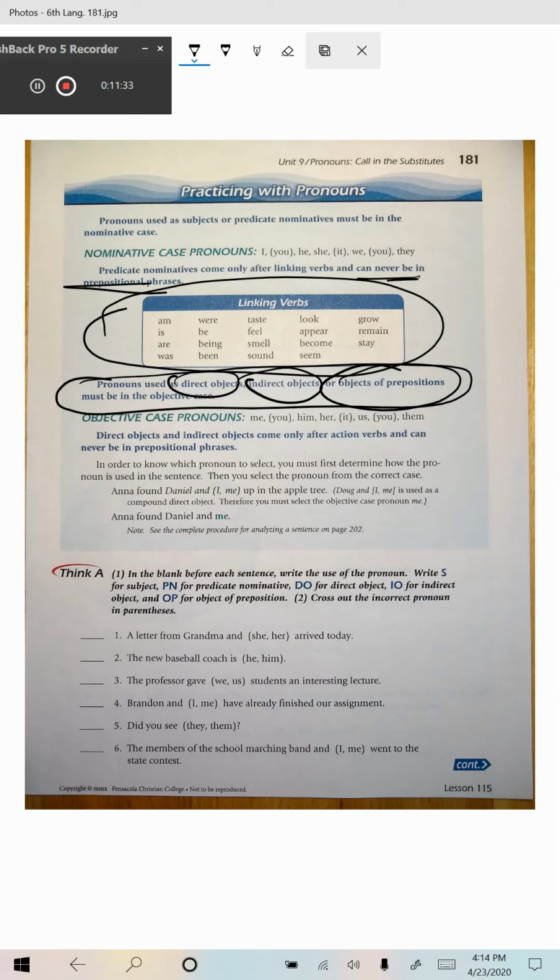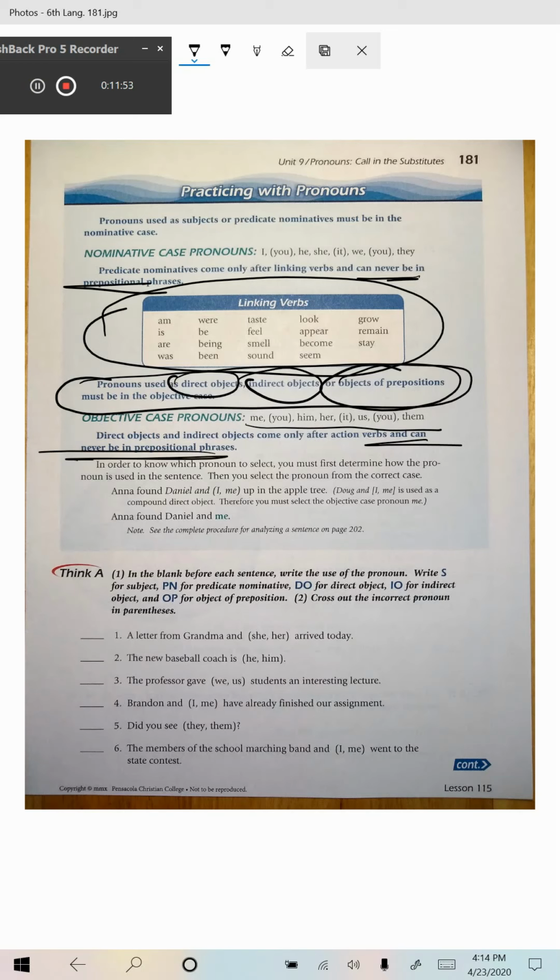So you can have a pronoun instead of a noun. They all have to be objective case. Me, you, him, her, it, us, you, them. Direct objects and indirect objects come only after action verbs and can never be in the prepositional phrases. Once again, why I always have you mark off prepositional phrases first.